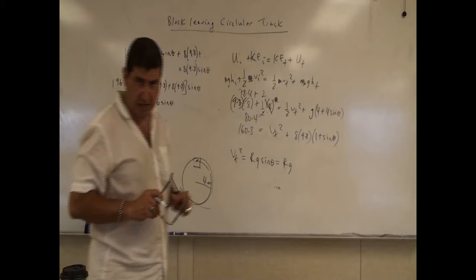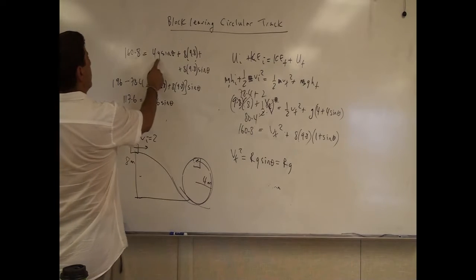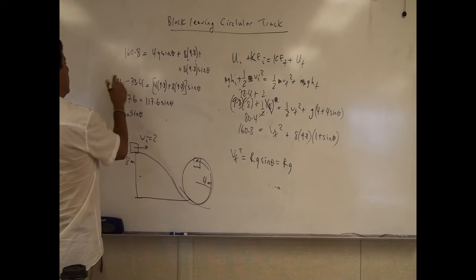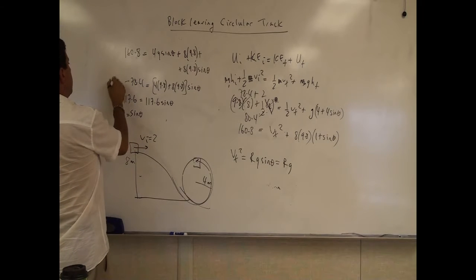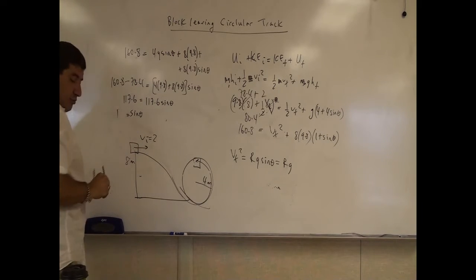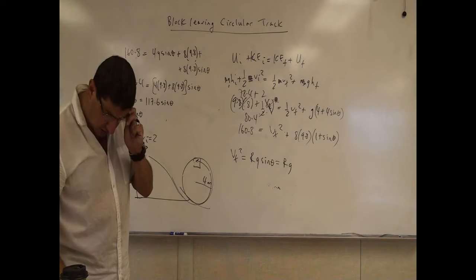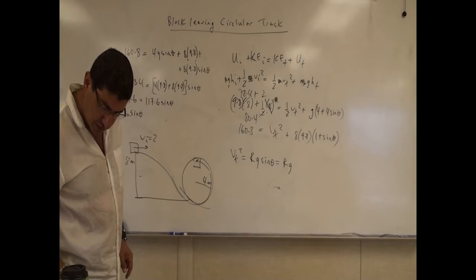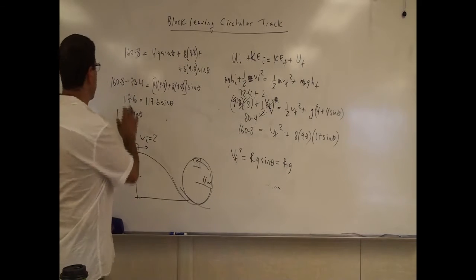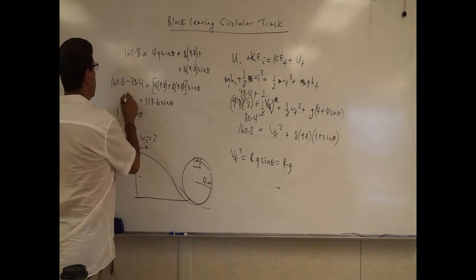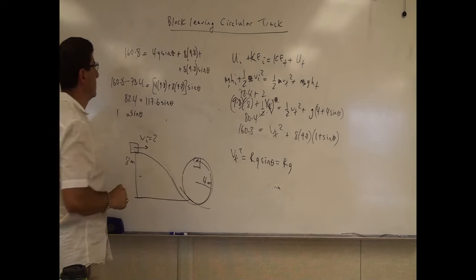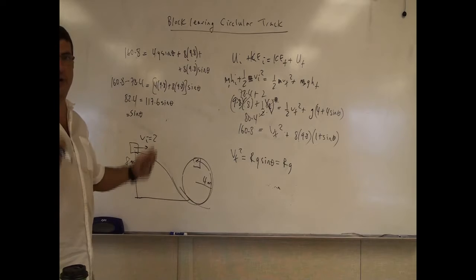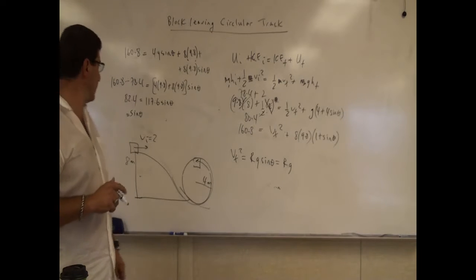So I kept the radius of the circle 4. So you got 4g sine theta. Then the 9.8 goes over to this side, and now we have here 160.8. Now 160.8 minus 78.4. That's going to be 82.4. And now this side doesn't change, 117.6, and now it definitely falls off.